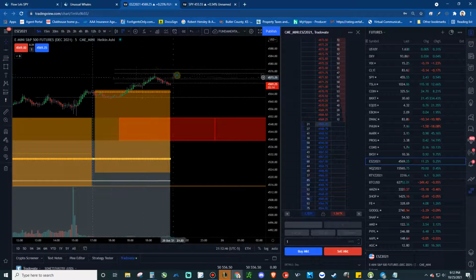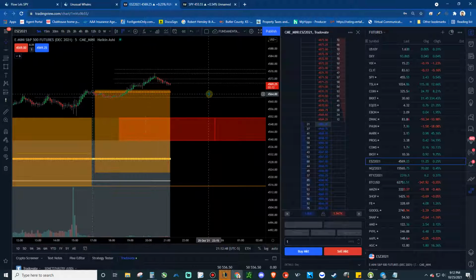So I don't anticipate them being able to break above these levels in such a low volume environment. Maybe around 1 or 2 a.m. they'll be able to rip this back up again, but I imagine that they would want to open this up a little bit lower for the cash session. So that's my thesis there.